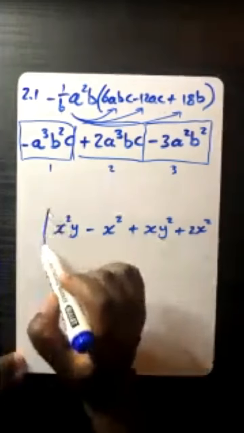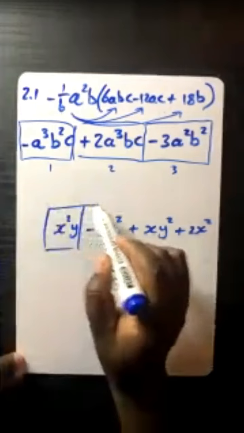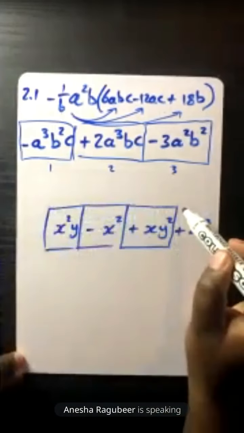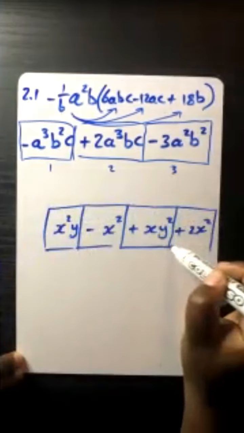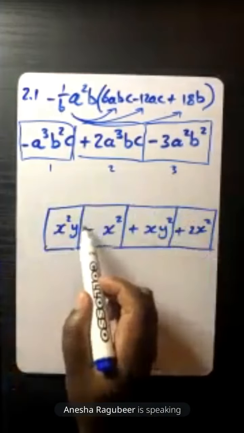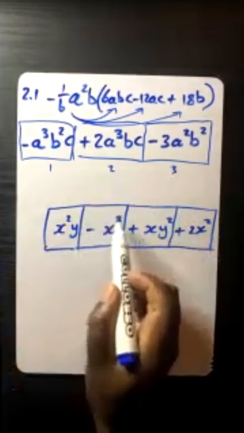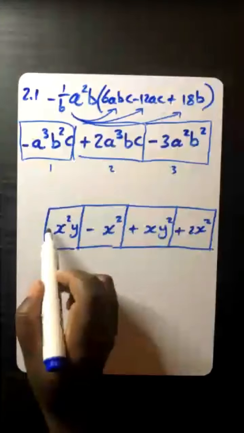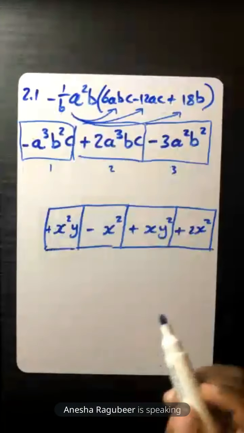So now I'm going to make boxes for each term. How you do these boxes, you include that sign because this sign is for that one. The sign for this one, obviously, it's positive.